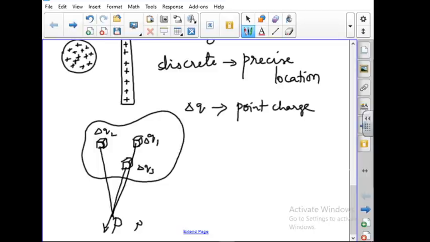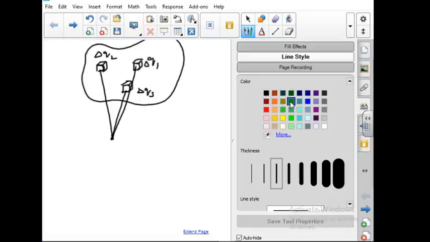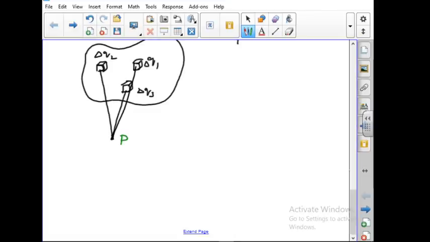Q2 is a little bit nearer to the point P. So it is somewhat greater. So let us take a point P. Q1 is at a larger distance.